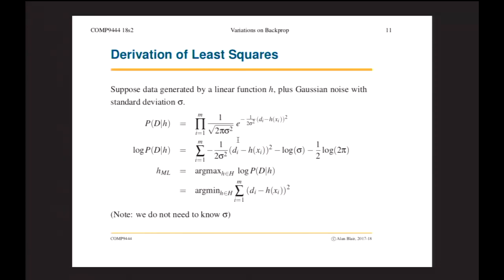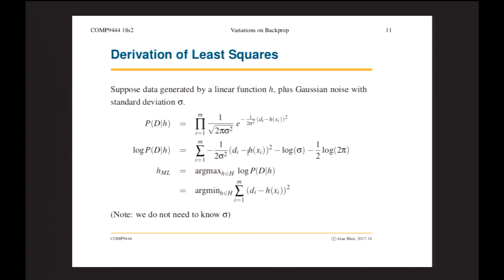Now, remember, we don't have any control over sigma, so that minus log sigma term is out of our hands. H is the only thing we can control. We want to find the h which maximizes this expression. So this constant here is something we have no control over, and if we're maximizing this whole thing, then we can chop it off.